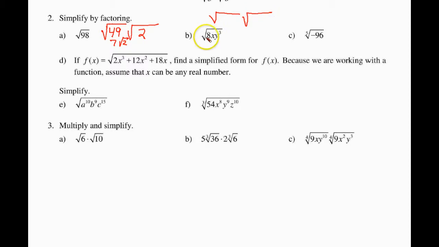And as you look at the number, is there a perfect square factor of 8? Yes, 4. So you put the 4 there, and then the part that's not, you put over here. Now, is x a perfect square? No, so you put the x over there. Now, in y to the third, is there a perfect square factor?